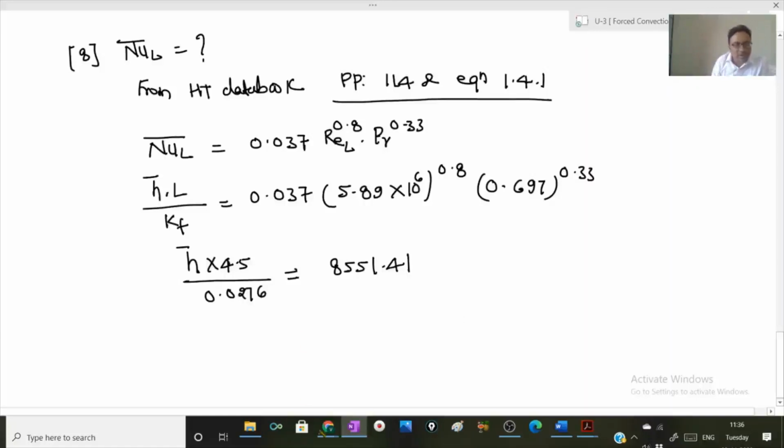So the value of h bar comes out 52.37 watt per meter square Kelvin.